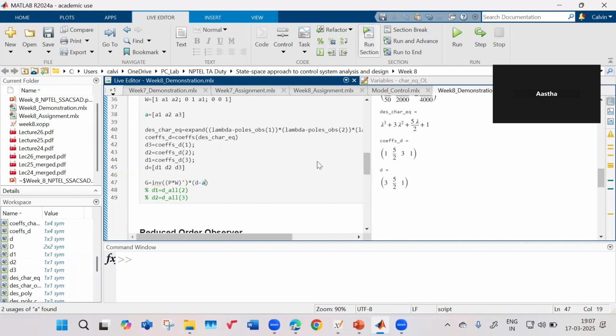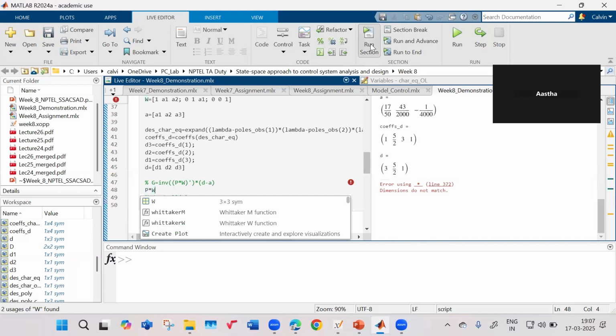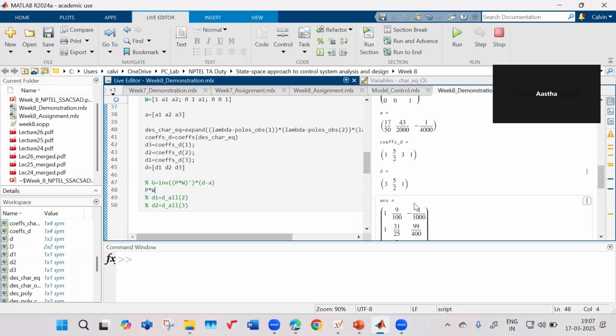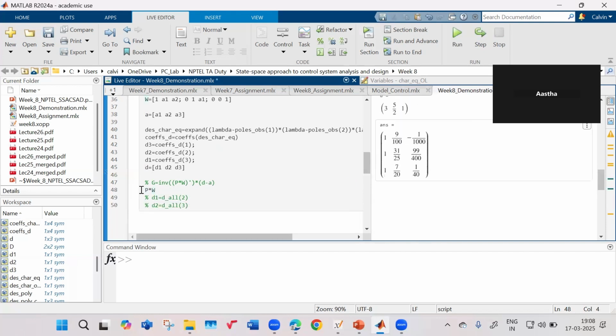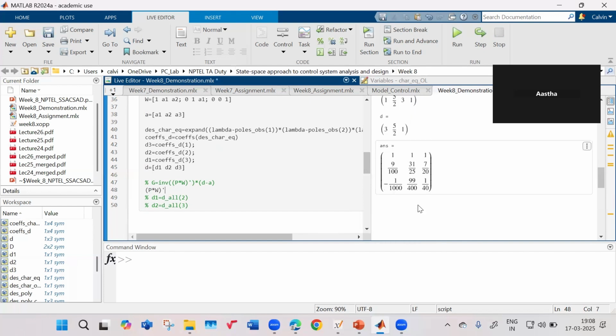Let us check what it comes out to be. Some dimension error. Let us check one by one. So first we will do P into W. Okay, P into W is working. Now let us do the transpose of that. PW transpose has also come. Now we do the inverse of PW transpose.